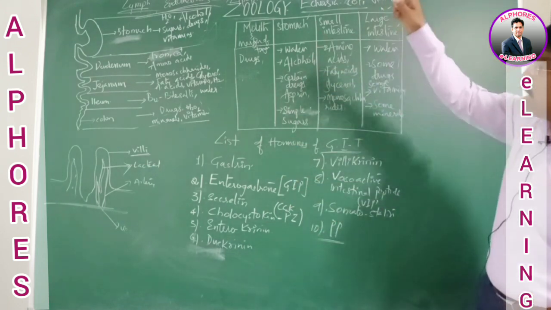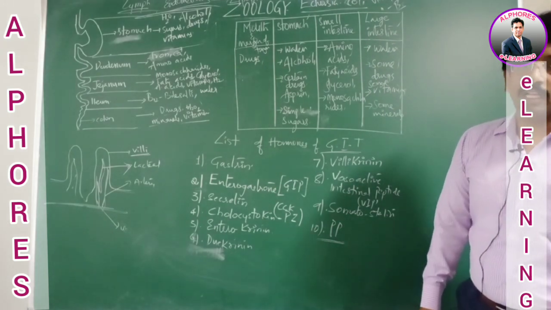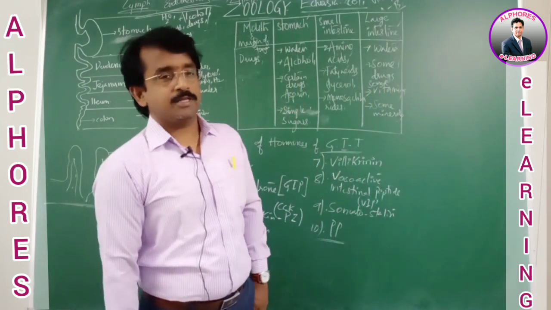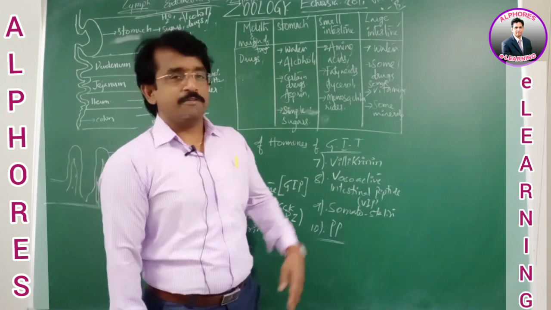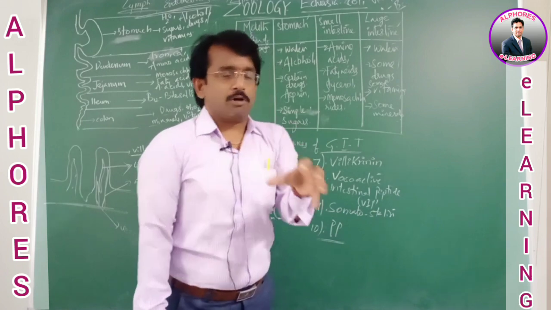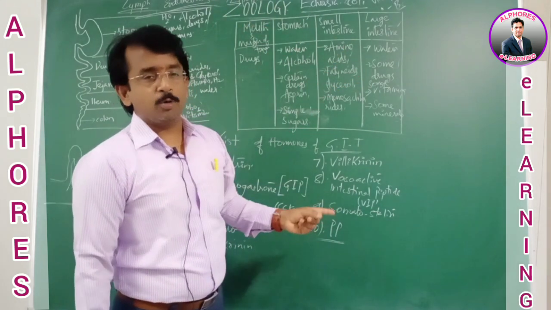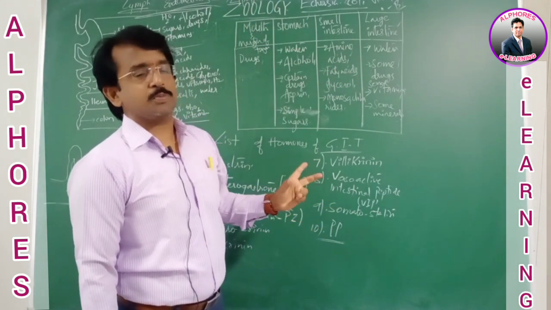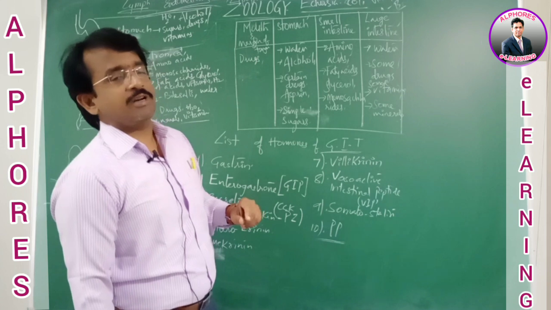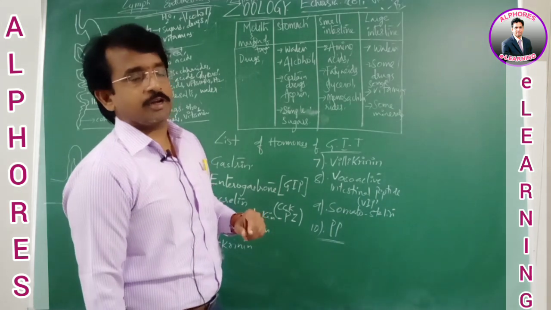So this is the entire summary of the absorption process. Absorption is the movement of the simpler diffusible substances first into the epithelium, then into the blood and the lymph. Absorption involves simple diffusion, facilitated diffusion, active transport and osmosis. In simple diffusion, glucose, amino acids and chloride ions move along the concentration gradient.